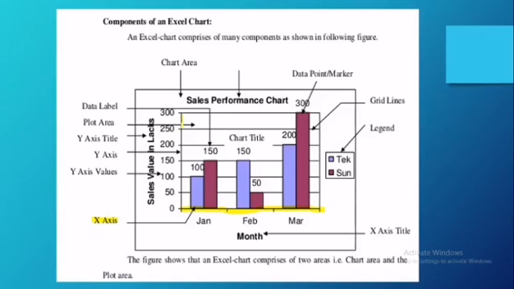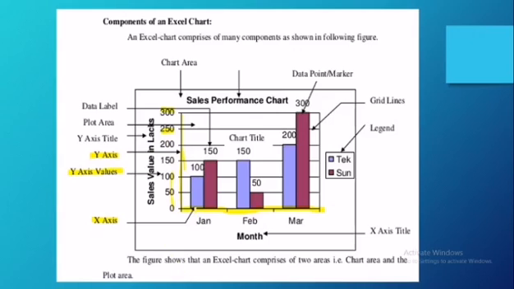In the same way, this vertical line on which the values are given is known as y-axis. Now for this y-axis, these values are written here, like 300, 250, starting from 0, 50, 100 and all these things. These are known as y-axis values.